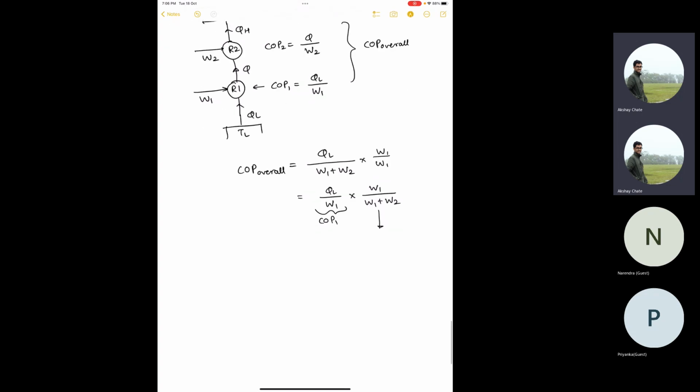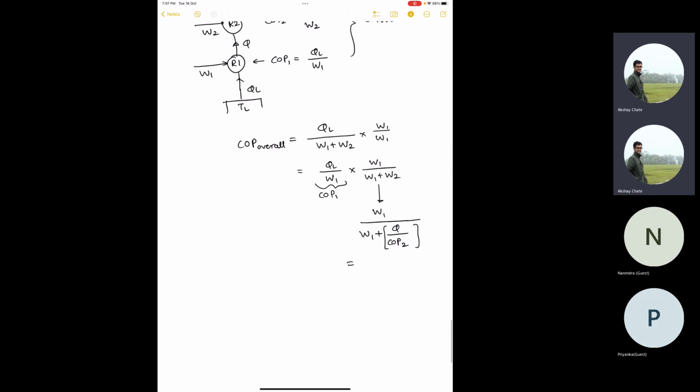Now come to this side. We want to introduce COP2 somewhere here. W1 is not at all related to COP2, but W2 is. So you can write this as W1 plus, instead of W2, Q by COP2. I hope everyone is on board till now. Then do some simplification to this ratio term.